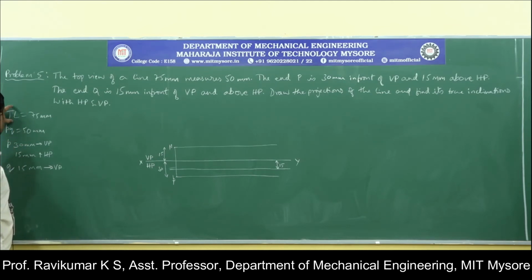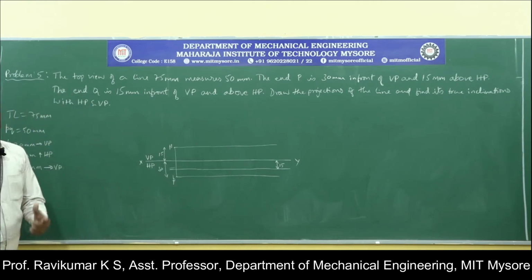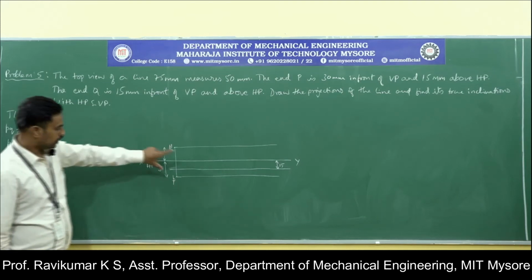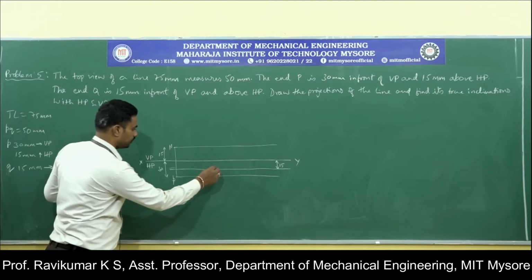Now the true length is 75 mm and the apparent length is 50 mm. We know the apparent length, the true length, and the locus. So take a compass, measure 50 mm, select P as center and cut 50 mm.